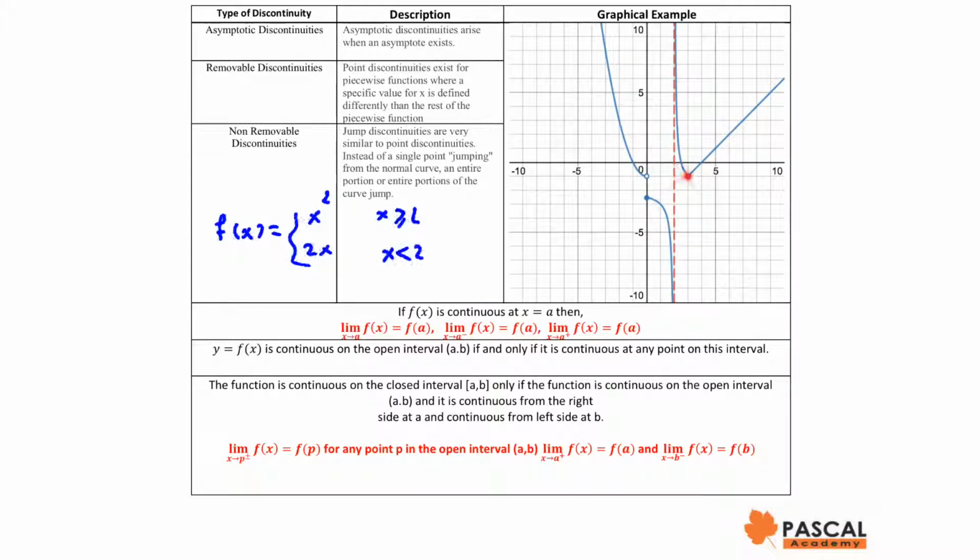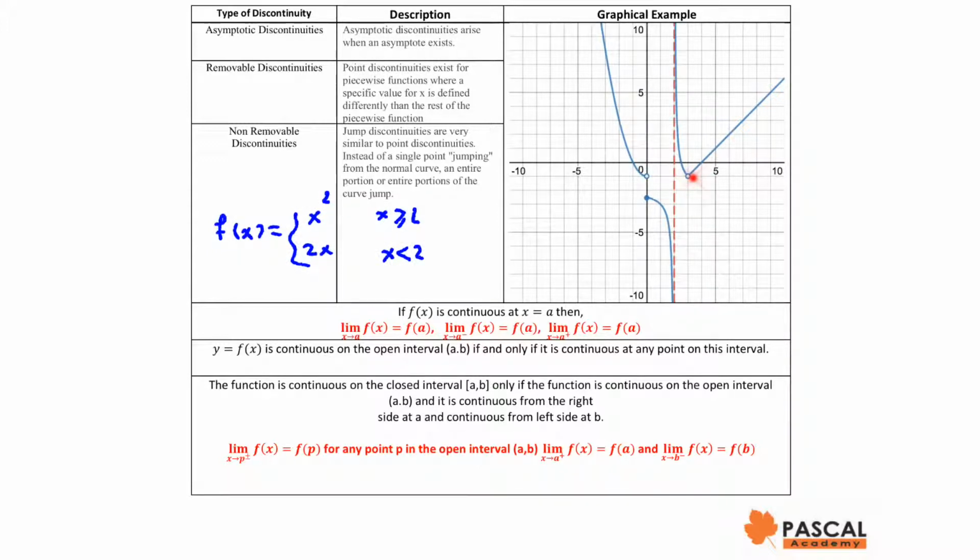When f of a is undefined, you may still have the limit of f of x as x approaches a. This means the limit of f of x as x approaches a exists, but f of a does not exist. This is what we call a hole on the graph of the function in advanced functions.